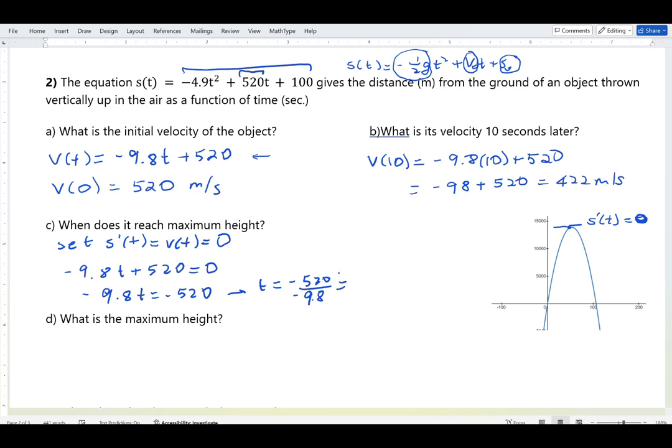And if you put that in the calculator, you should get roughly 53.06 seconds. And I have a rough graph over here, and you can see that it will make sense that the maximum height will be reached roughly at 53.06 seconds.